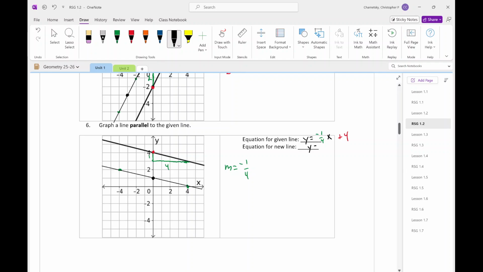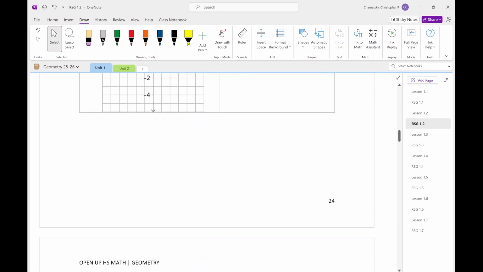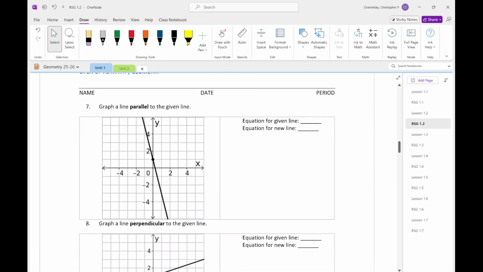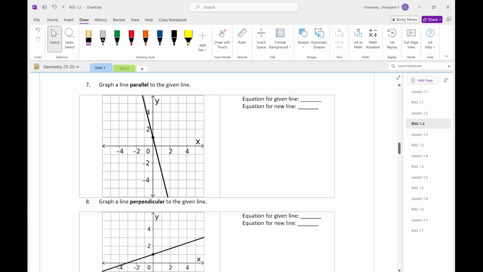And our equation is going to be y equals same slope, -1/4 x, but my new y-intercept looks like it is at 1. Okay. Number 7, another parallel line. Again, just picking a random spot to graph, maybe go down here.